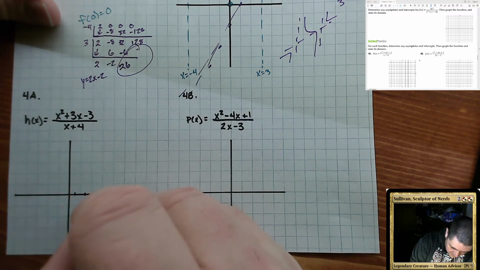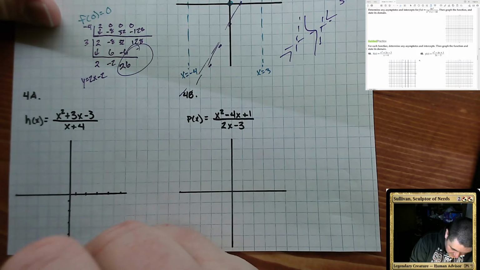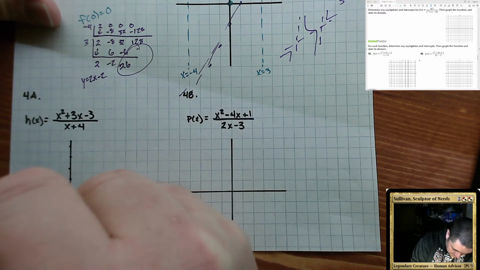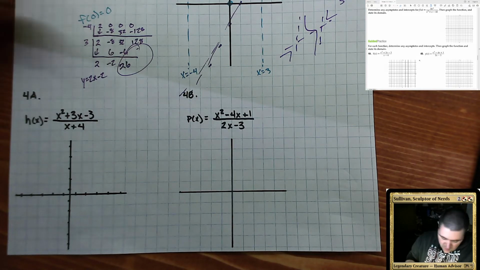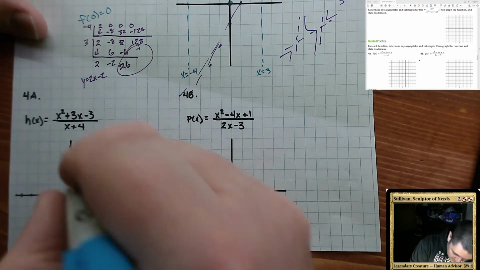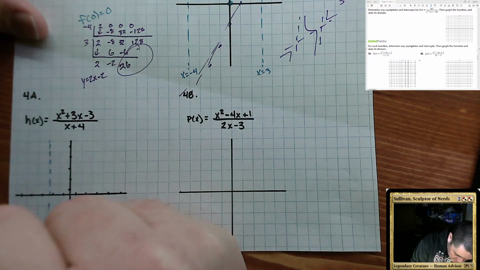So here's what we're going to do. I'll put in some extra tick marks here so that this actually goes out to plus or minus 10. I should have thought of that ahead of time. Alright, set my denominator equal to 0 and get back here at negative 4 a vertical asymptote.